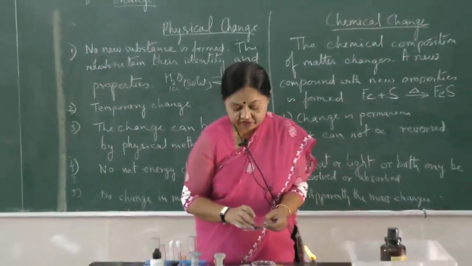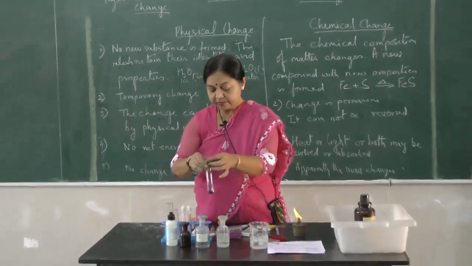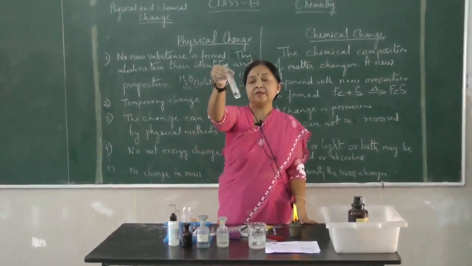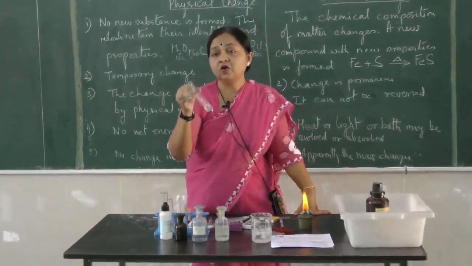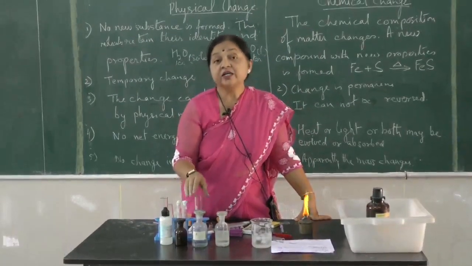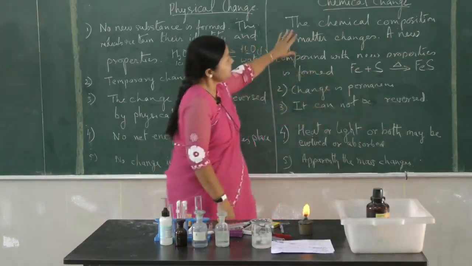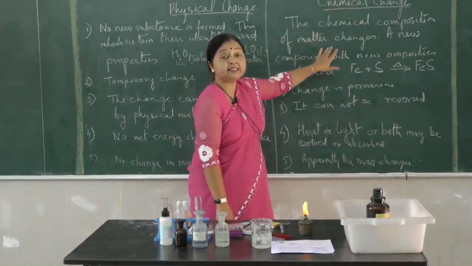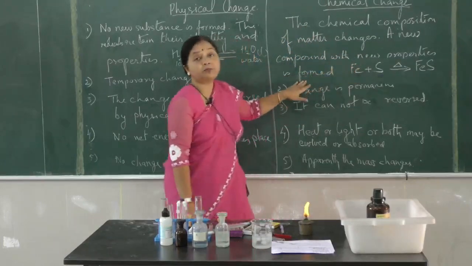If I dissolve this in carbon disulfide, it does not get dissolved. That means the sulfur has also lost its identity in iron sulphide. So a new compound is formed where the chemical composition of the matter has changed, with new properties.